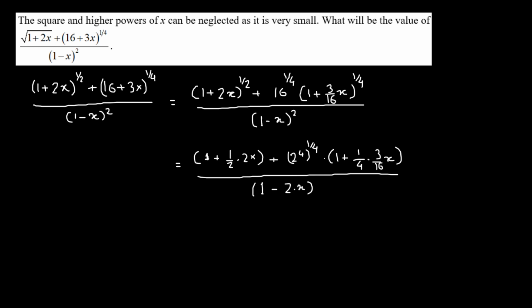So this gives us 1 + x plus 2 raised to the power 4 raised to the power 1/4 gives us simply 2 times (1 + 3/64 x) divided by 1 - 2x.